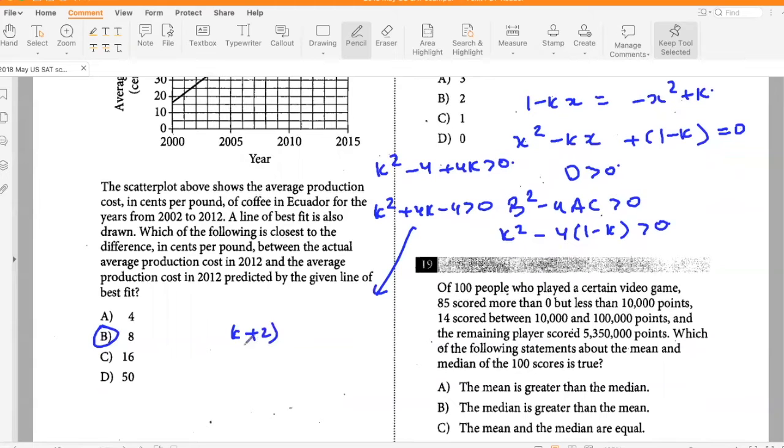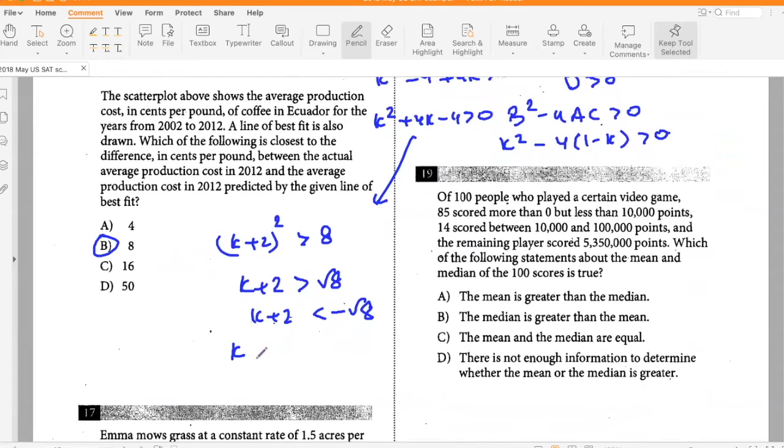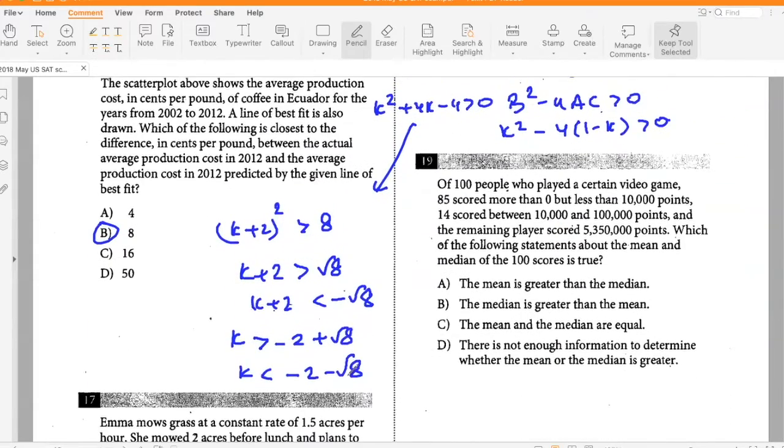So (k plus 2) whole squared plus 4 minus 8 should be greater than 0. So k plus 2 should be greater than root 8 or k plus 2 should be less than minus root 8. So k should be greater than minus 2 plus root 8 or k should be less than minus 2 minus root 8. Okay. So which of the following cannot be the value of k, right?